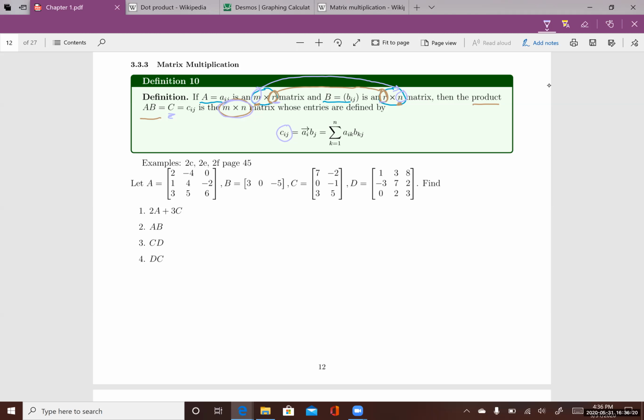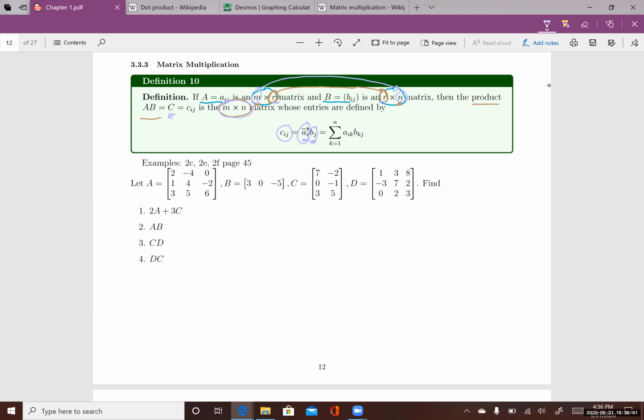Each entry in the product C, say little c_ij, equals the dot product of the row Ai with the column Bj. Okay, so this is the row vector and this is the column vector.